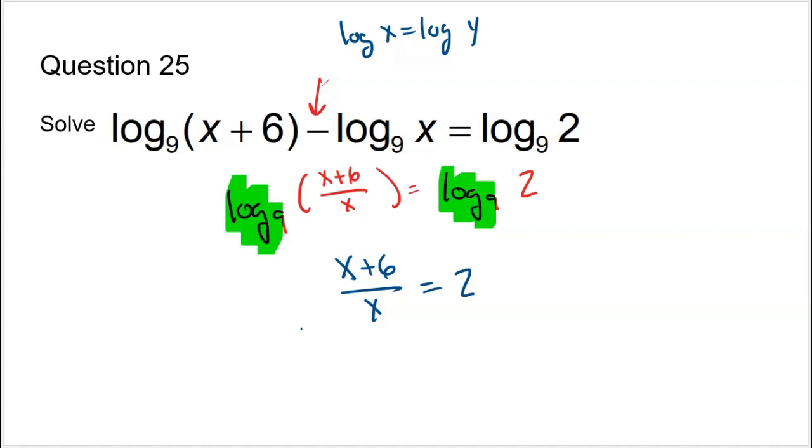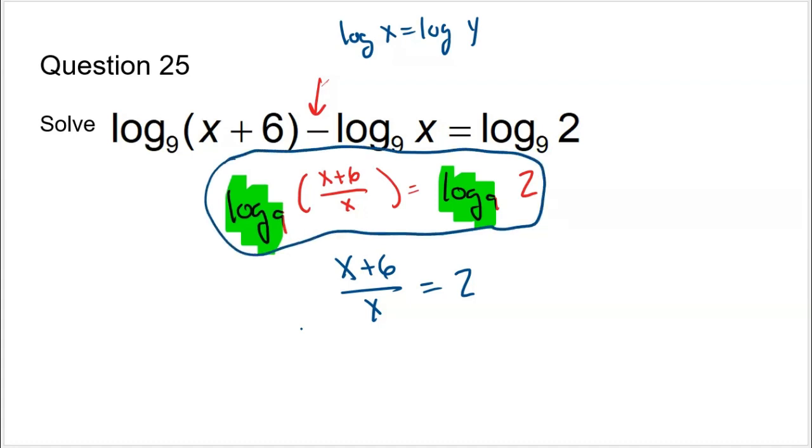But if you don't like that, you could also say, hey, listen, I'm going to write this logarithmic equation as an exponential equation. So I'm going to say, all right, well, not too bad here. I'm going to take my base of 9, and I'm going to raise it to an exponent, since logs equal an exponent. So my exponent is log base 9 of 2, and that equals x plus 6 over x.